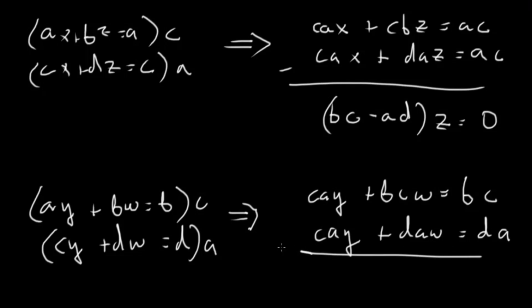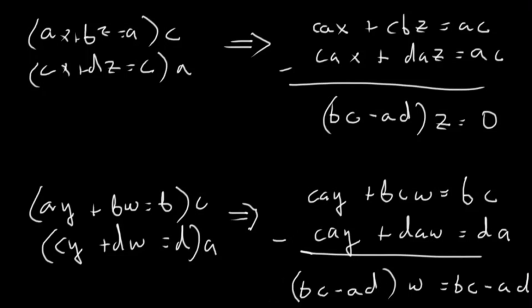If I subtract these two, I get (bc minus ad) times w is equal to bc minus ad.